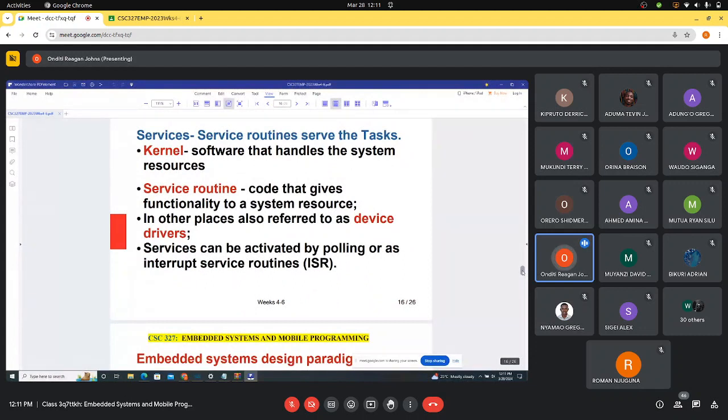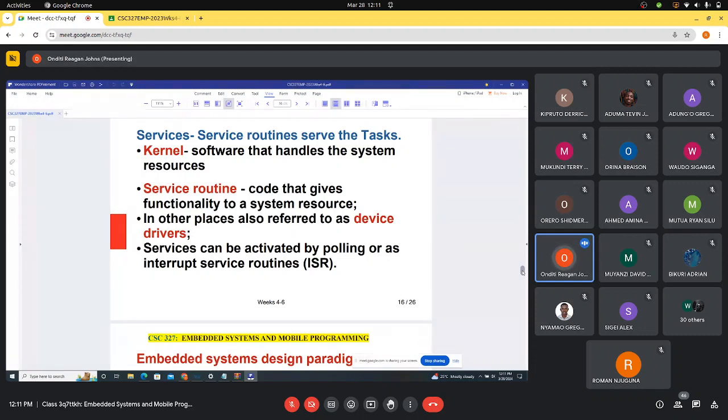Apart from tasks, you also need to know what a service is. Service routines serve the tasks. We've seen the kernel is software that handles the system resources. Service routines are the code that gives functionality to any system resource.